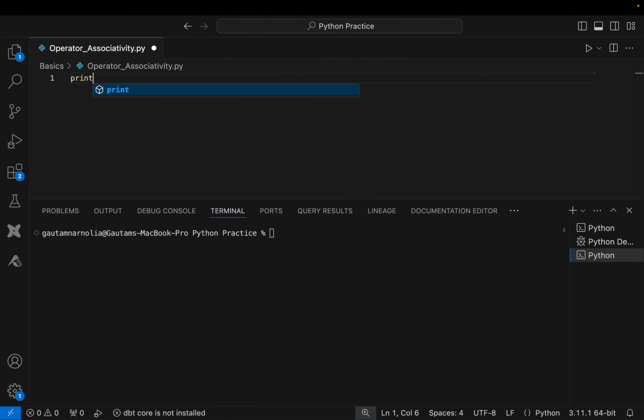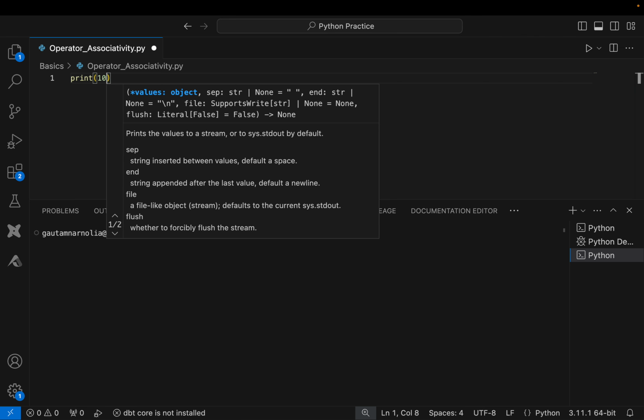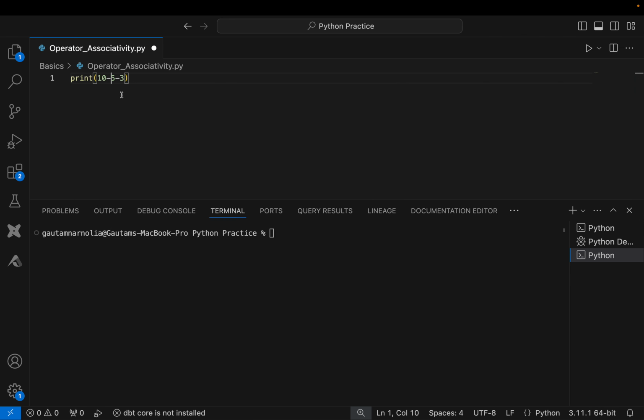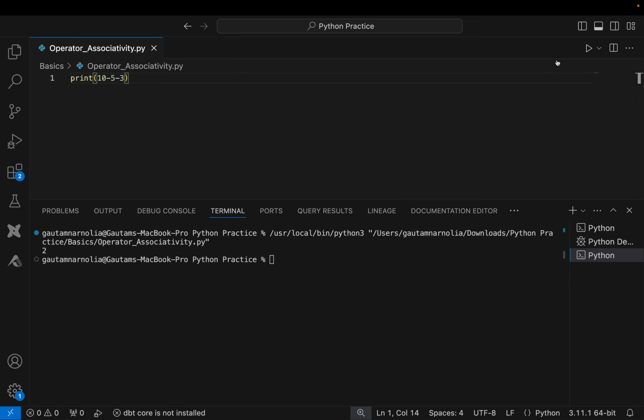Let's say we have print 10 minus 5 minus 3. How is this getting evaluated, from left to right? Because minus has the same precedence, which one will get calculated first? First we will have 10 minus 5, left to right, which will become 5, and then we will have 5 minus 3, which will become 2.